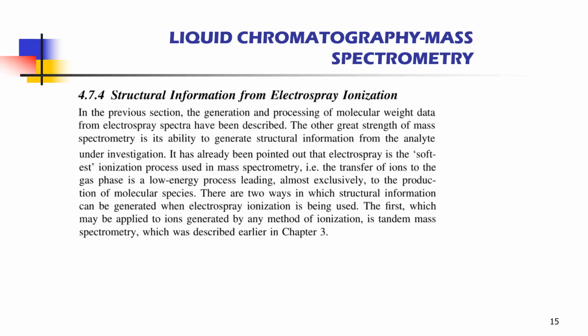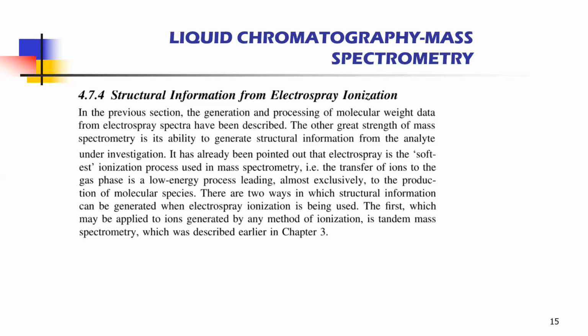Now, how can we obtain structural information from electrospray ionization? In the previous section, we discussed the generation and processing of molecular weight data from electrospray spectra. The other great strength of mass spectrometry is its ability to generate structural information of the analyte under investigation. It has already been pointed out that electrospray is the softest ionization process used in MS. The transfer of ions to the gas phase is a low energy process, leading almost exclusively to the production of molecular species.